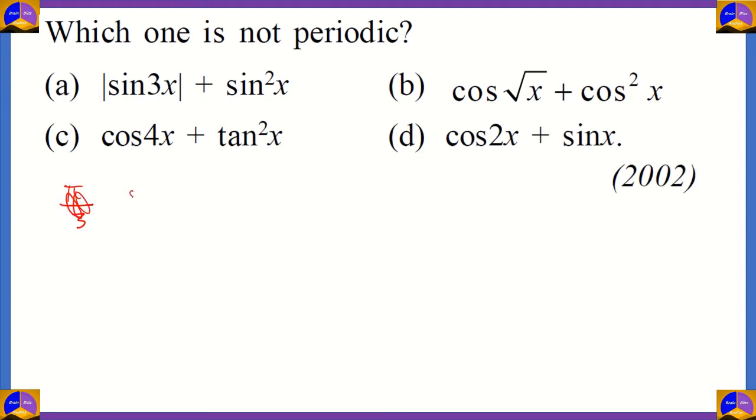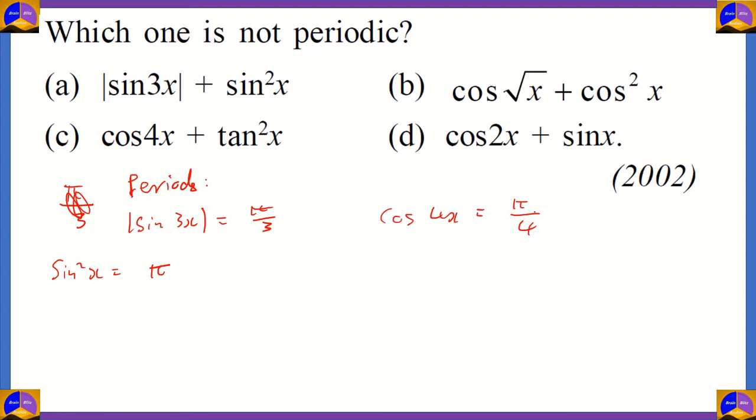So let's write the periods of the given function. Mod of sine 3x is pi by 3. Mod of sine square x is equal to pi. And for cos 4x, the period is pi by 4.